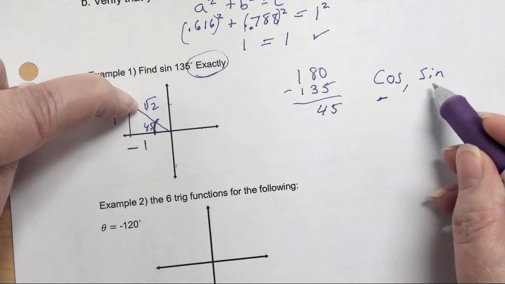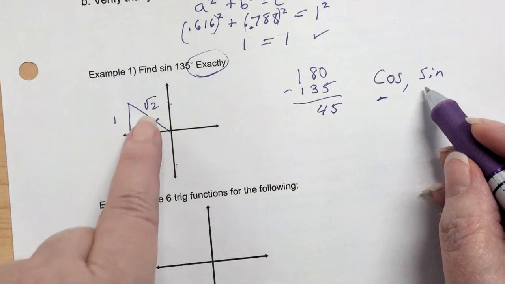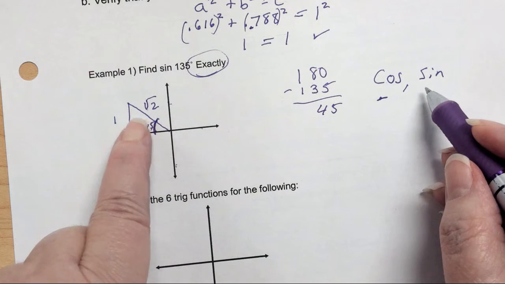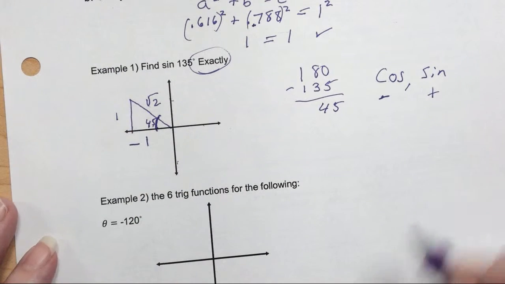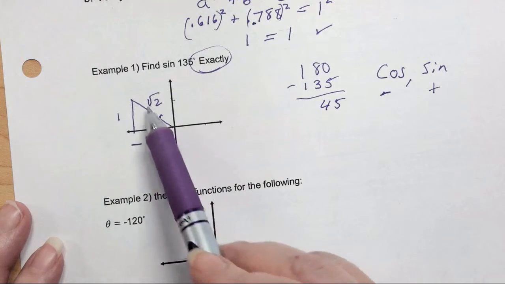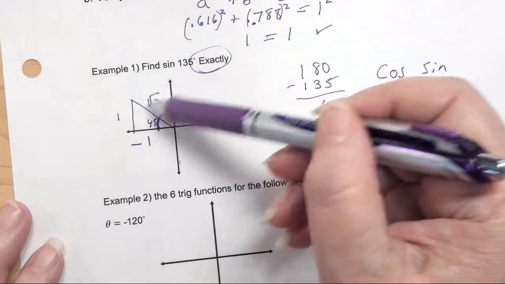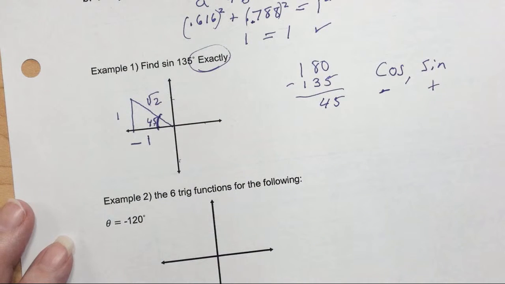And sines are going to be my y. My sine in this quadrant is positive. You should be able to look at the quadrants eventually and tell if sine is positive or negative, by looking at your x's and y's.